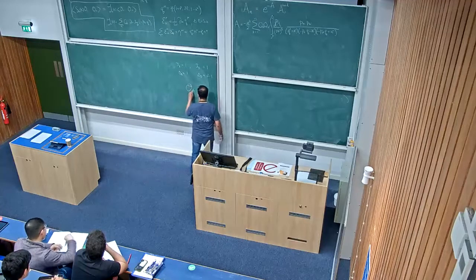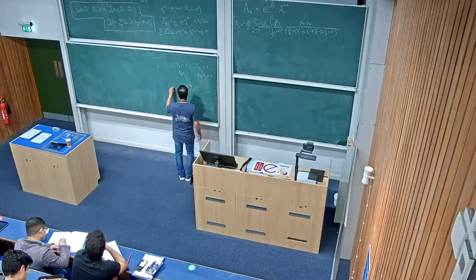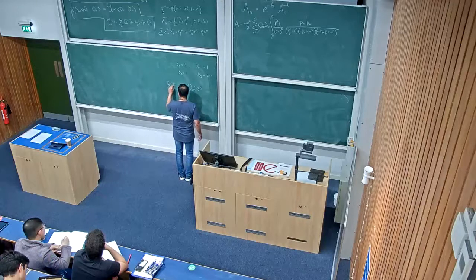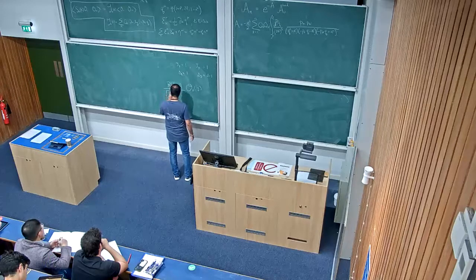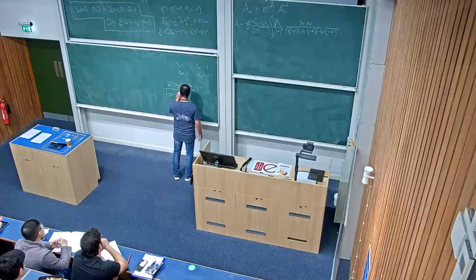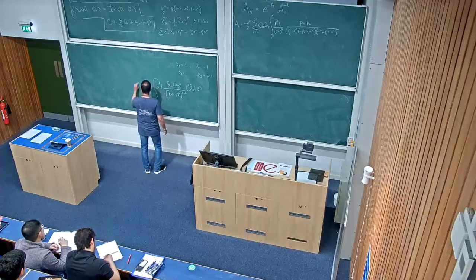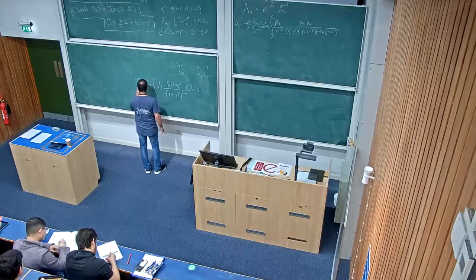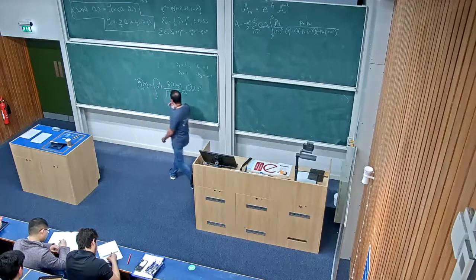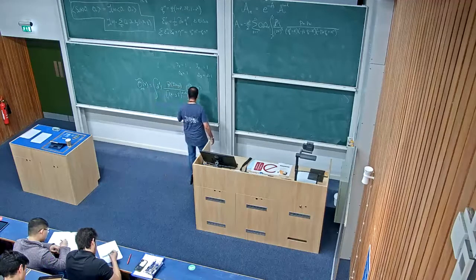So if I give you an operator O, which has dimension delta and some rotation indices as well, then the way you construct this is to... this is the definition of the shadow transform.